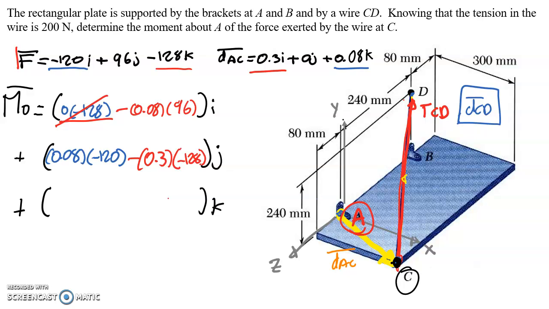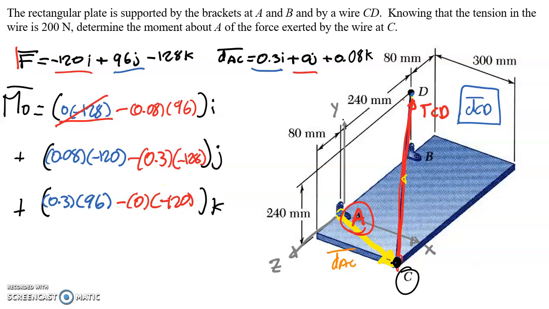Now the last one, the component of the moment in K. We're going to use distance in X, force in Y, corresponding to the colors, distance in X, force in Y, minus distance in Y, force in X. In here, we will have 0.3 times 96, minus 0 times minus 120.